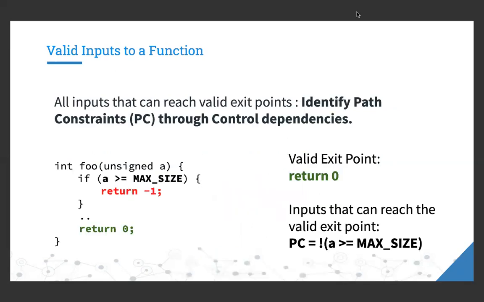Given a valid exit point, we can use control dependencies to identify the path constraints that control the reachability of that statement. Specifically, in this case, in order to reach return 0, any input should make the condition inside the if false. This can be represented by the path constraint as shown on the right-hand side of the slide.